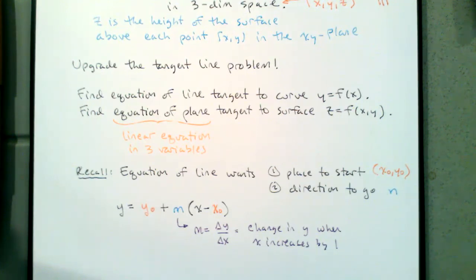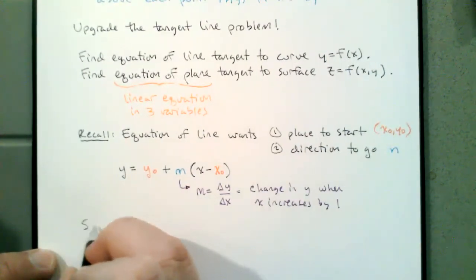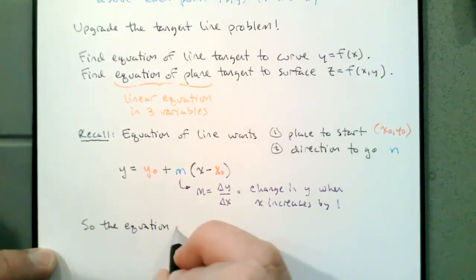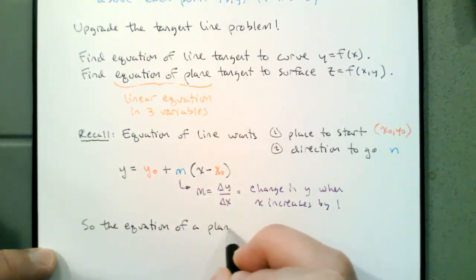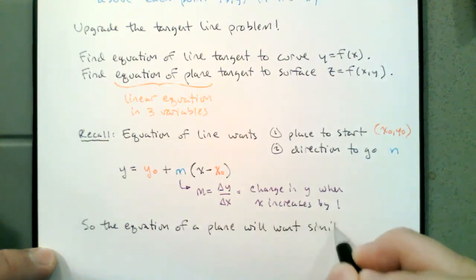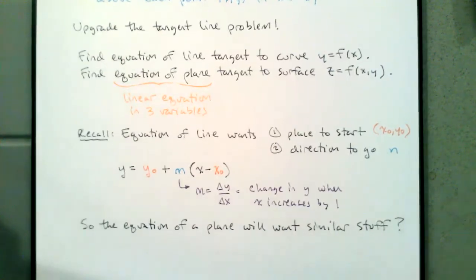So what we're going to find is that when we want to find the equation of a plane, we're going to want the same things. So let's think about what we'll need for the equation of a plane. The equation of a plane should want similar stuff.